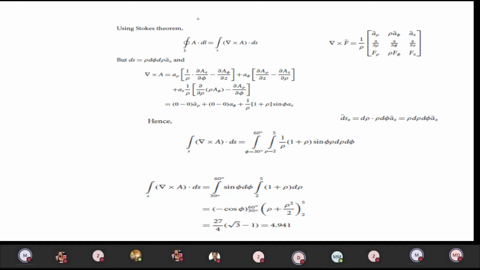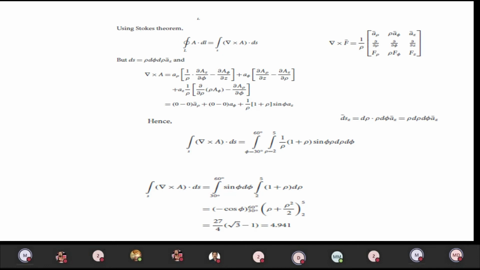For the cylindrical system, the del cross A formula is 1 by rho times the determinant with rho, A phi, z, dou by dou rho, dou by dou phi, dou by dou z, and A rho, rho A phi, A z. Substituting the coefficients, you get del cross A as (1 plus rho sin phi) by rho times the a z vector.